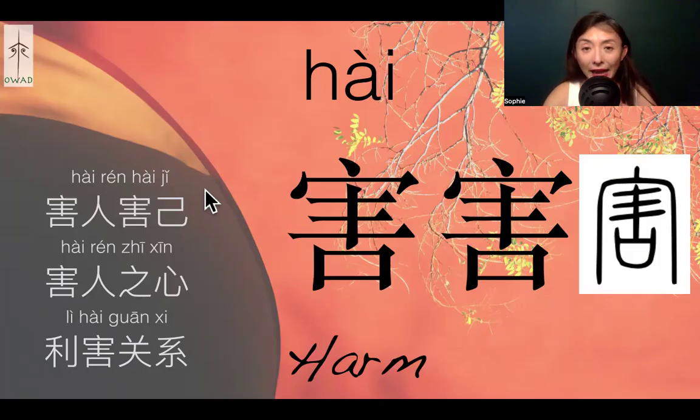Okay. 利害关系. 利 means benefit. 害 means harm. 关系 is this relational, interpersonal dynamics. So 利害关系 means this interpersonal dynamic actually has benefits and potential risks or harms involved.